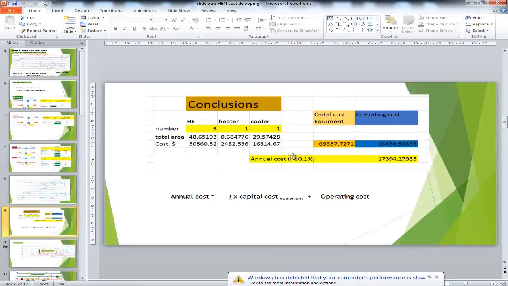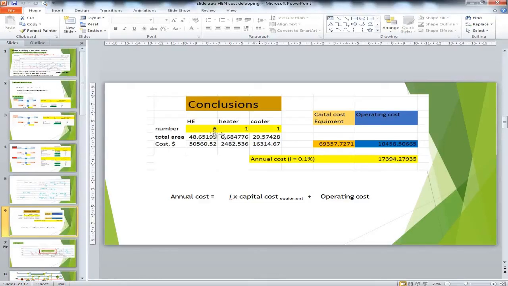And now I put them together in terms of annual cost based on 0.1 return on investment. And the way to calculate that, based on this equation, annual cost will equal the return on investment multiplied by the capital cost plus the operating cost.